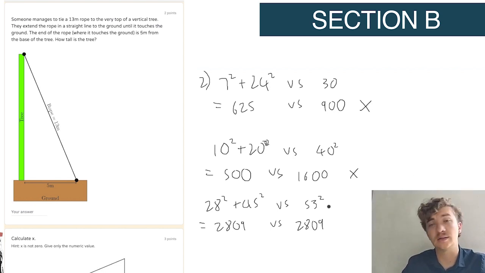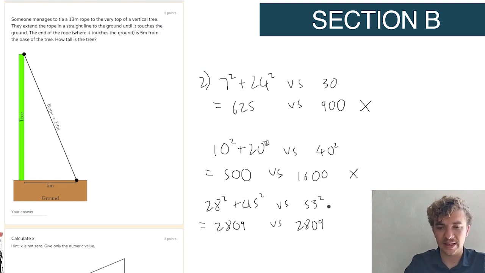Because it's difficult to measure the height of a tree. So now thinking, can I calculate how tall the tree is? And yes, we can. Because the tree is straight, we know it's perpendicular with the ground, therefore we can use Pythagoras.